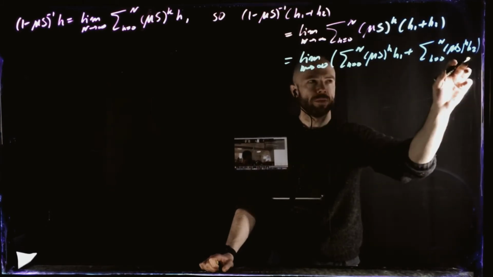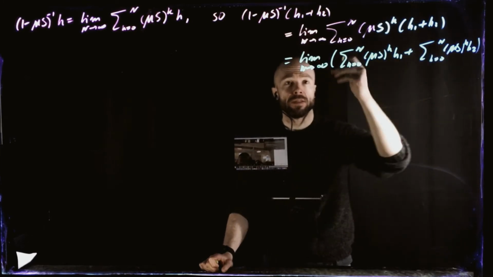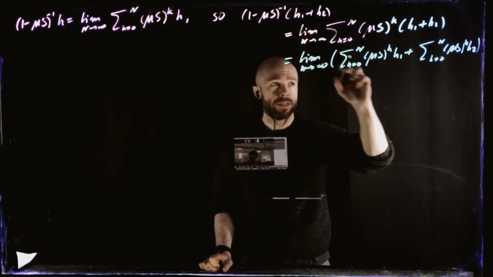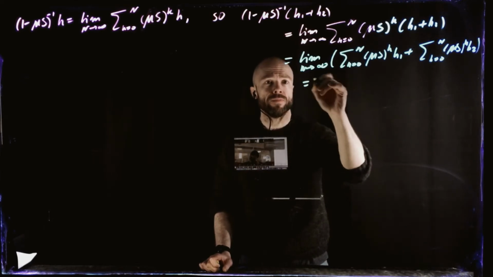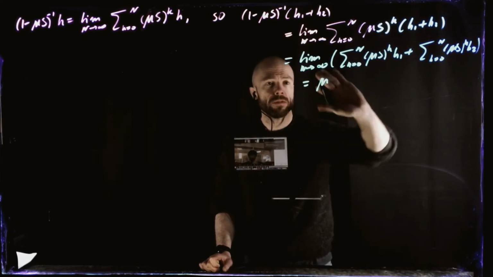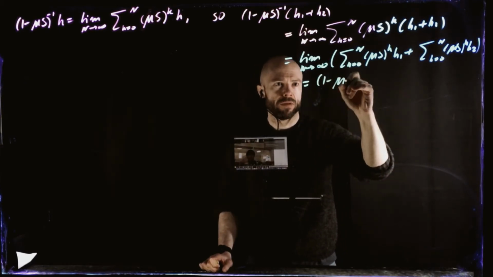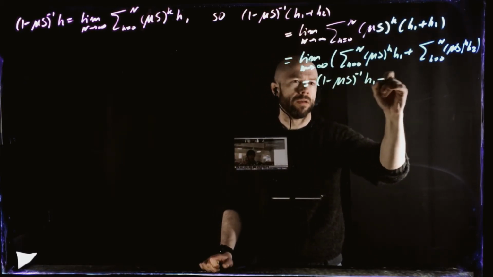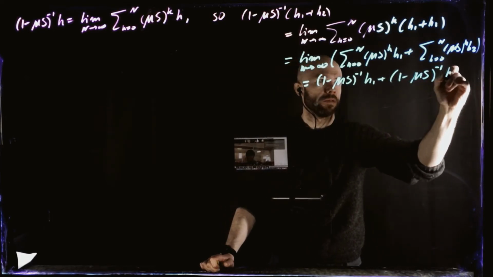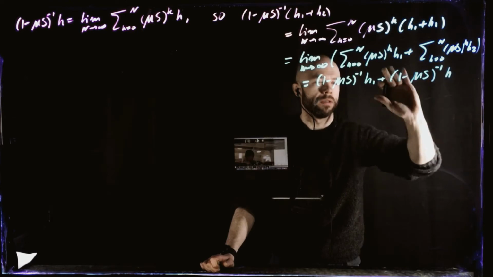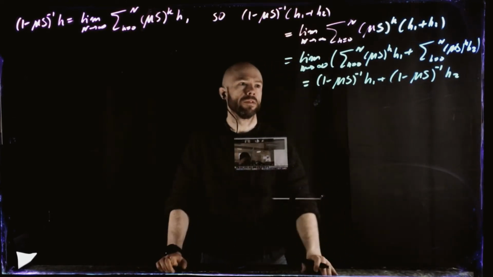And both of these limits exist, as we've just seen. Therefore, the limit of this sum is the sum of the limits. So this is equal to, let me just write it, mu, 1 minus mu of s to the minus 1 of h1 plus 1 minus mu of s to the minus 1 of h2, and therefore that's it, that's the claim. Yeah?